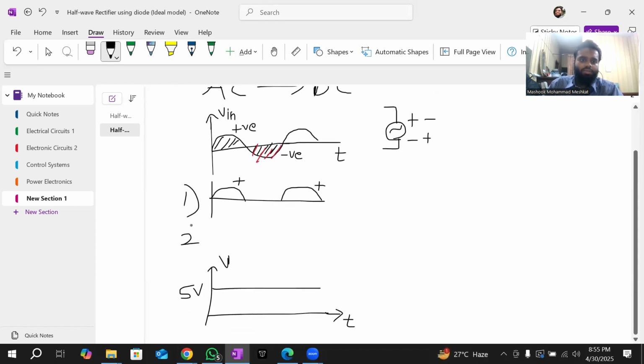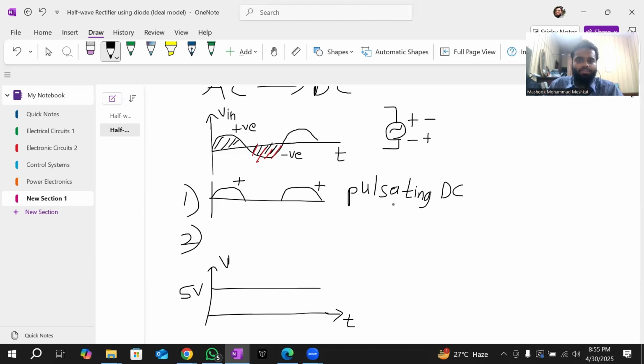The second step could be, and in the first step you can see this is still not fully DC because it is varying. So we call this pulsating DC. Why pulsating DC? Because you see the DC is varying like a pulse, right? It is going up and down. Even though it is in one direction, it is still varying.